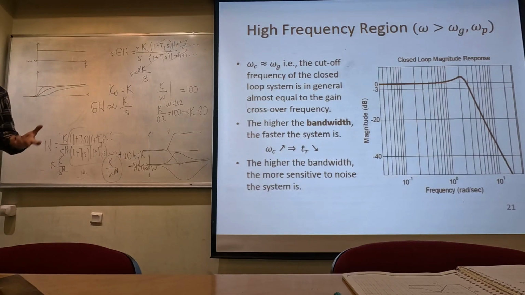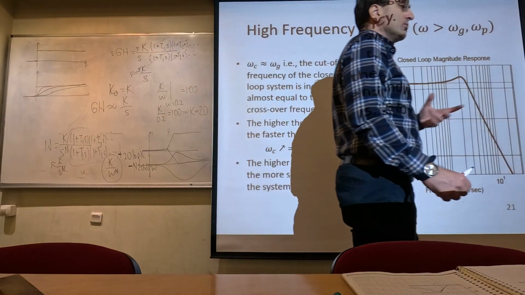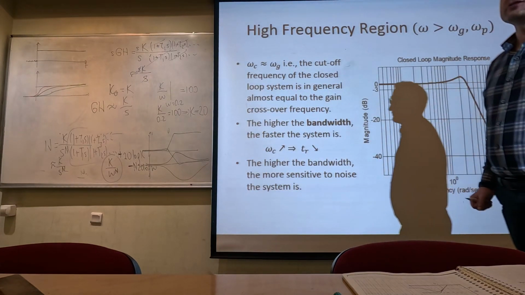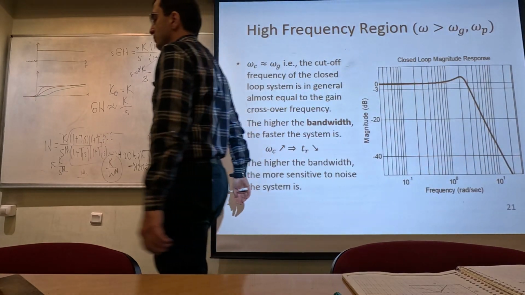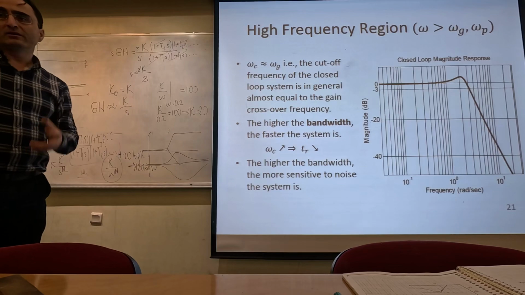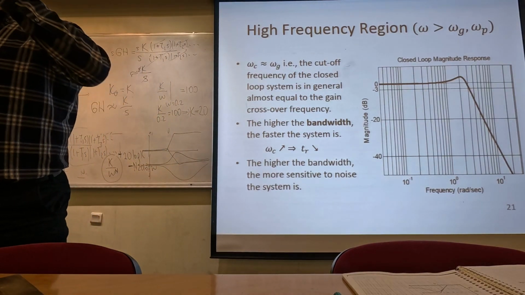But there is a trade-off there. We really do not want the cutoff frequency to be very large, because in such a case, your control system would be amplifying the noise inputs that it is given, and that is going to be bad for performance as well. So there is a trade-off here in the frequency domain. Any questions?